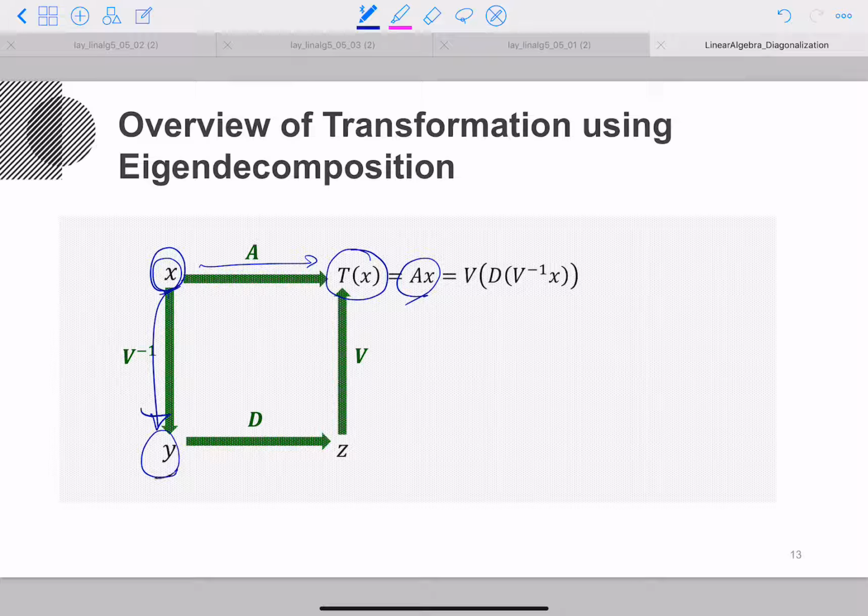And in this space the linear transformation with A is nothing but a diagonal scaling, or element-wise scaling, of each dimension. So that's how we obtain the C, and then we go back to the original coordinate system where we use the standard basis vectors.